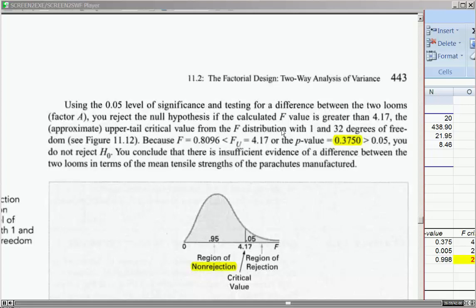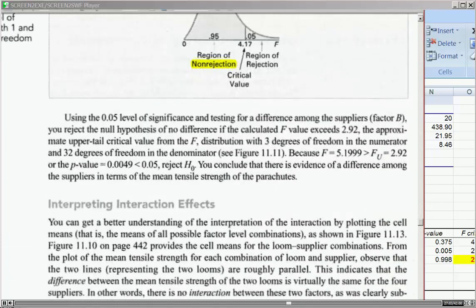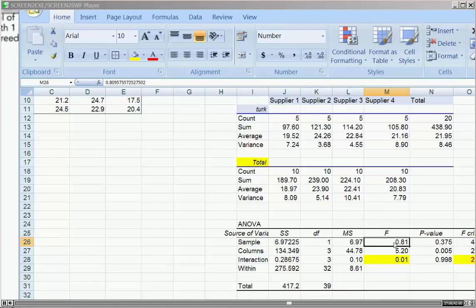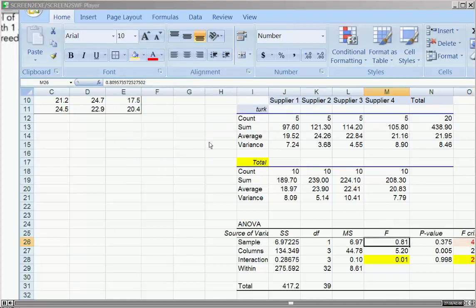At this point, we're done looking at factor A. And it was right here. This was factor A over here. Let's give it some color. There you go. We're done with this. We're done with interaction.